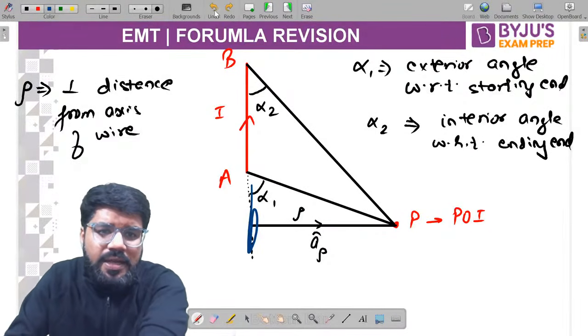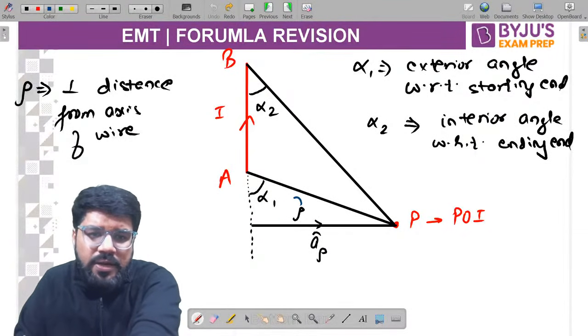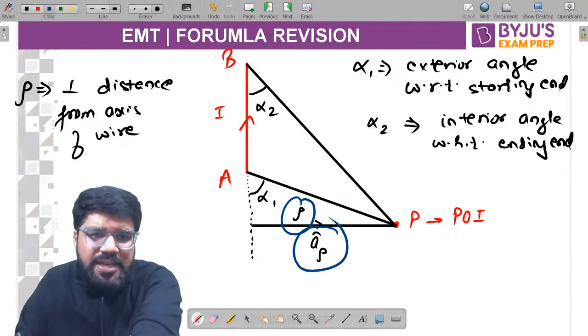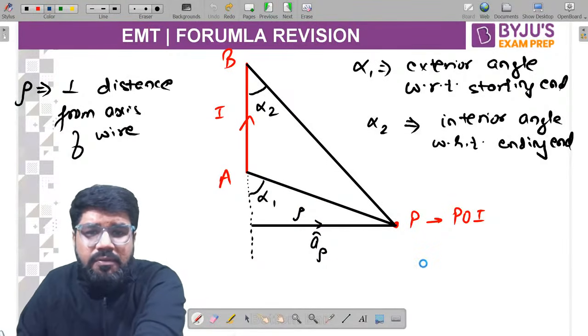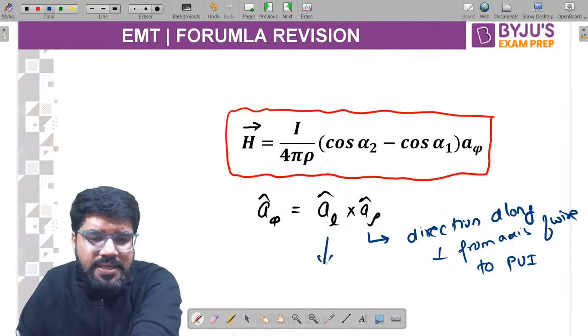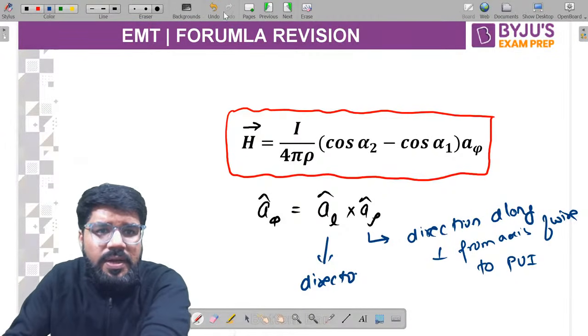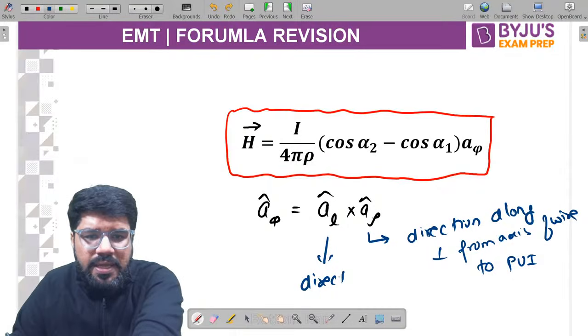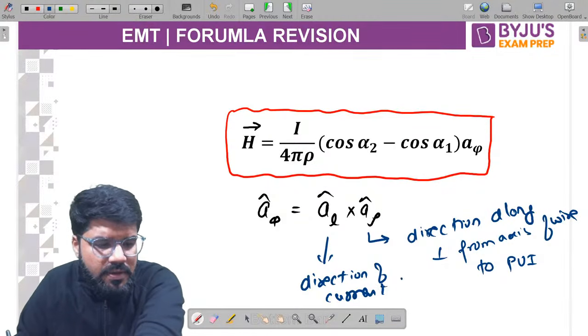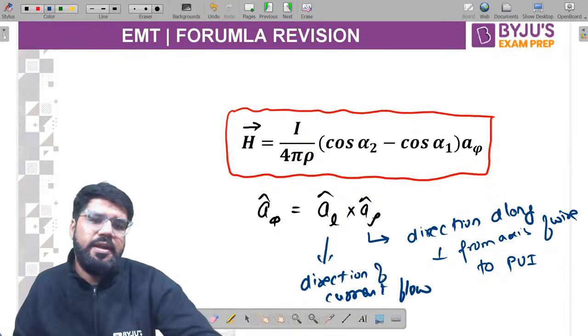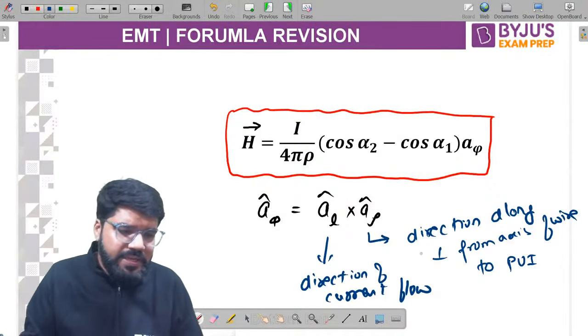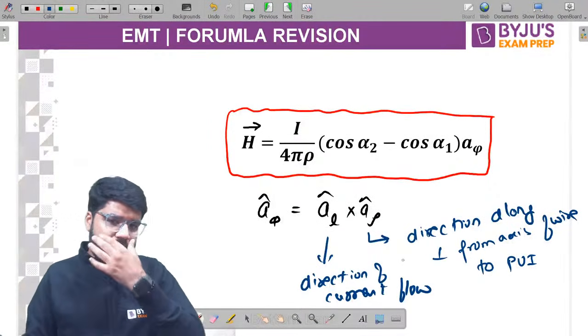The line which is used to calculate rho, the perpendicular distance, the direction of that line is A rho. What is AL? AL is known as the direction of the current flow.